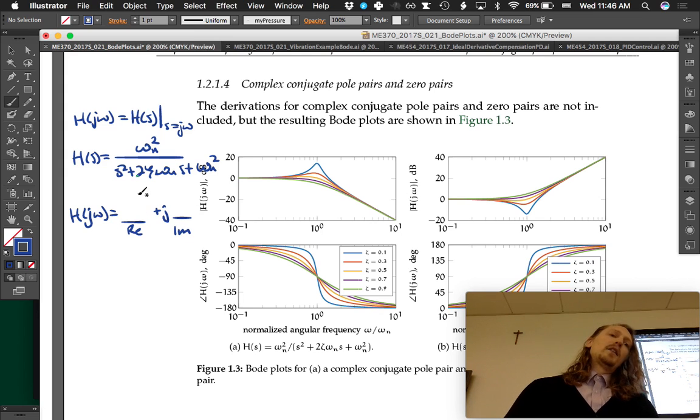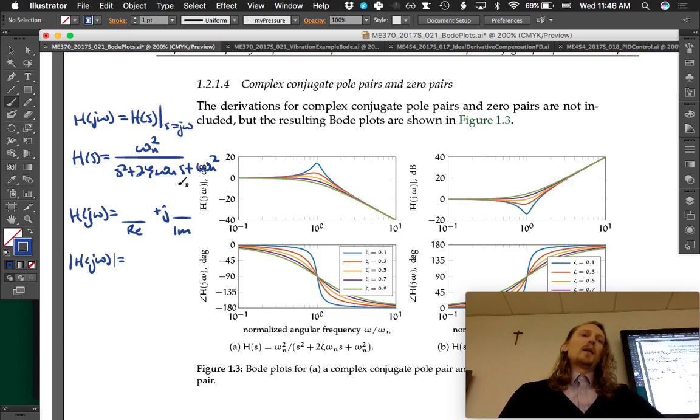And in there, there are going to be these functions of omega that will show up, real part and imaginary part. You could take the magnitude of H of j omega, and you could take the real part squared plus the imaginary part squared, take the square root. Do the same process we've done several times. And you would find these different plots for different zetas.